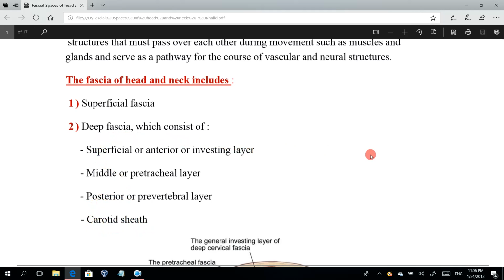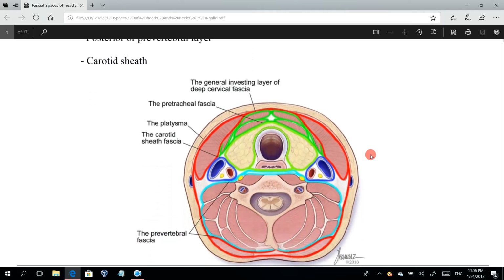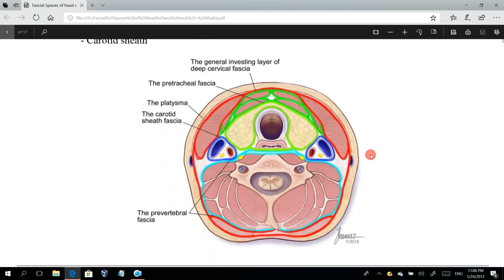Well, this picture will show you these layers of the fascia. Here we have the skin. This is a transverse section of the neck. This side is anterior and this side is posterior, because this is the cervical vertebra, and this is the body of the cervical vertebra, and this is the cervical canal containing the spinal cord.